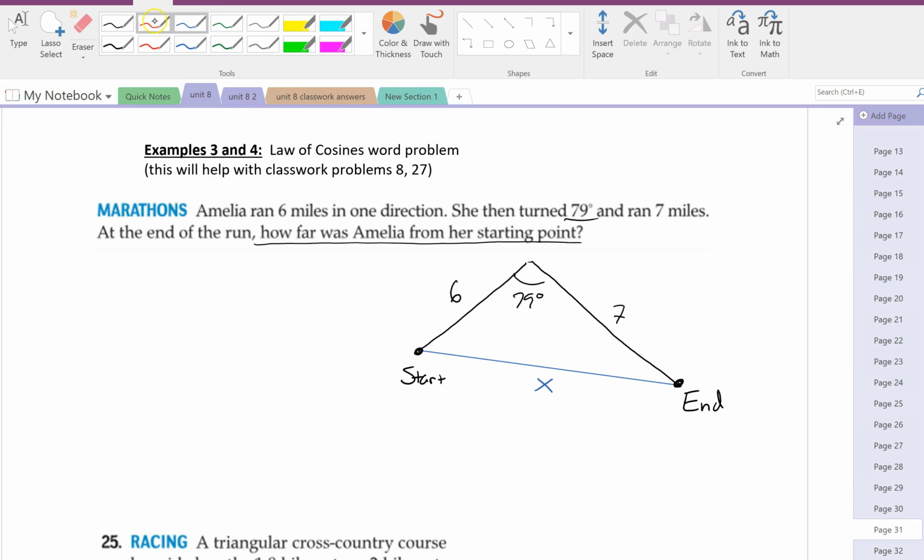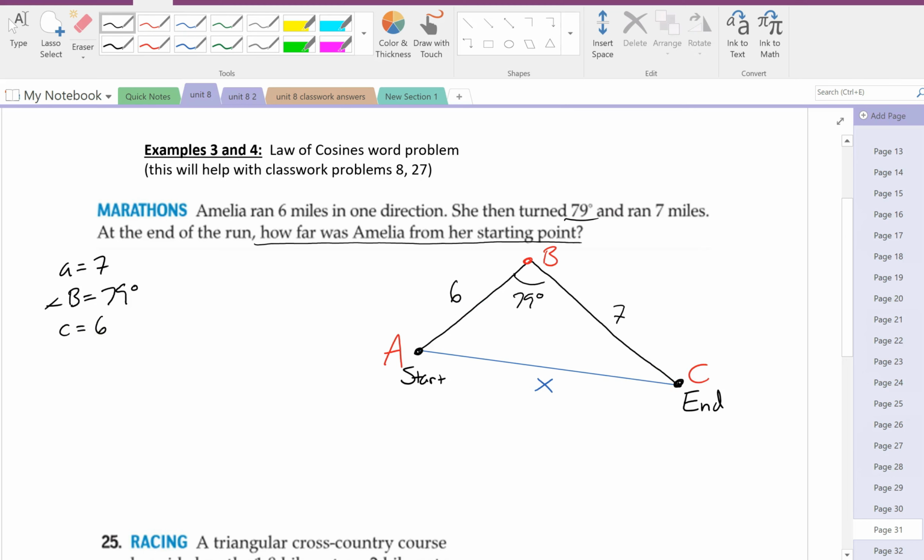Well, the easiest way to start this problem is going to be to label the three vertices of the triangle ABC, figure out what information I know, and then pick one of the three formulas from the law of cosines to use. So I know that side A is 7. I know that angle B is 79. And I know that side C is 6.